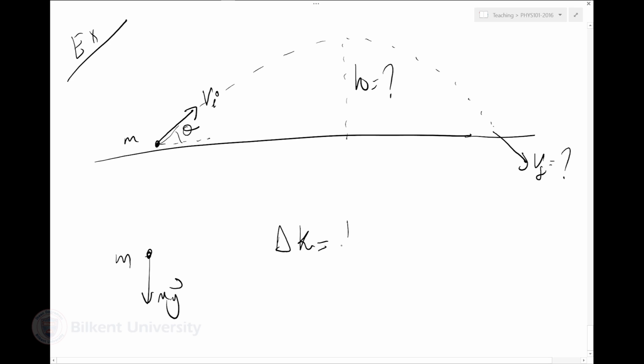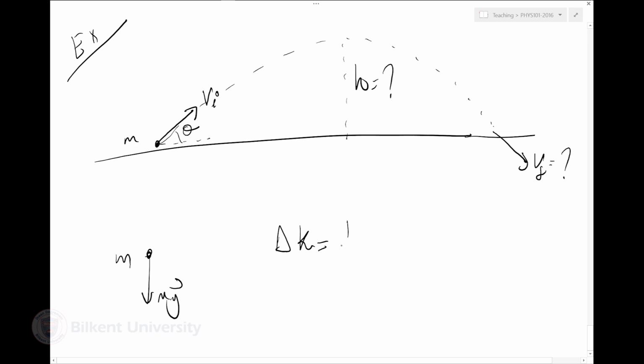One is horizontal, the other is vertical. Mg dot d is 0. Which means the change in kinetic energy is 0. Which basically tells me that v initial square is v final square. So v final is equal to v initial. Good.